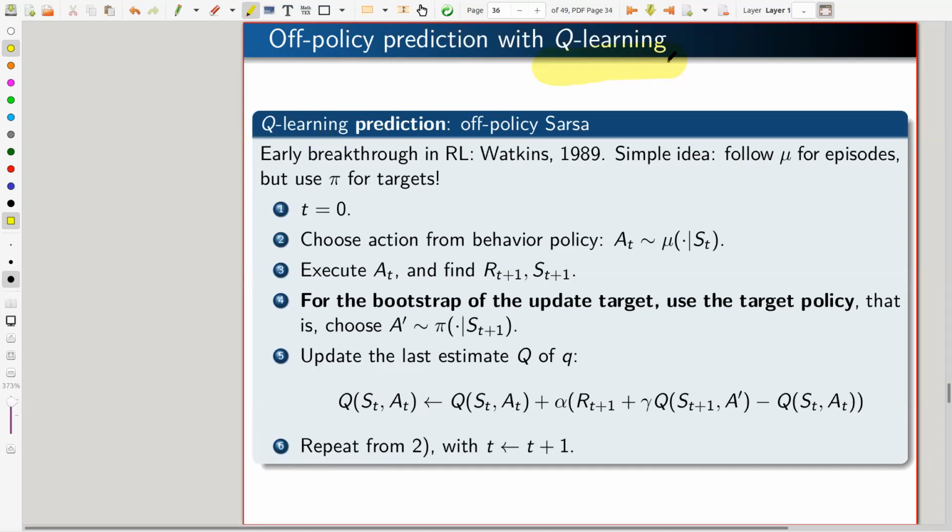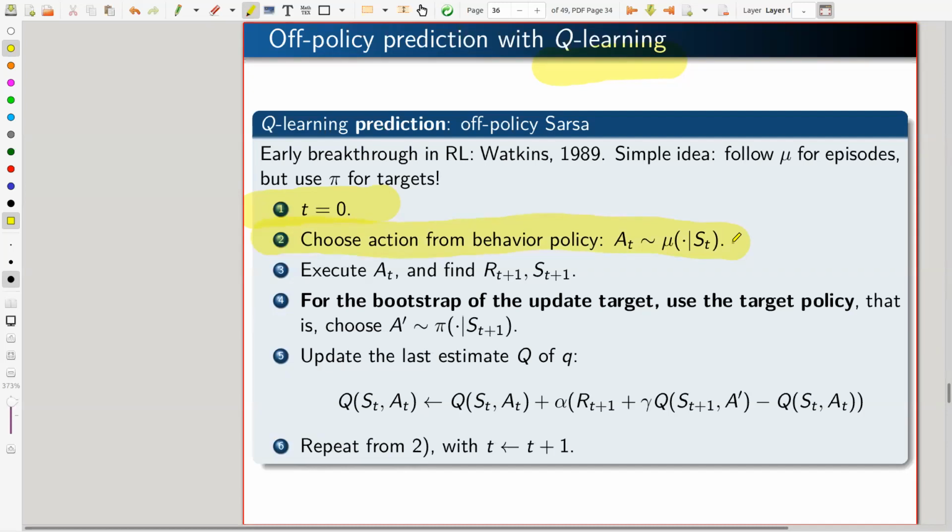How does it work? Well, it's very easy to understand if you followed me up to now. Look at this. I tried to put this in an algorithmic way. Start from time 0 and choose one action from your behavior policy. A behavior policy can be an exploratory policy, which could be a uniform policy, for instance.